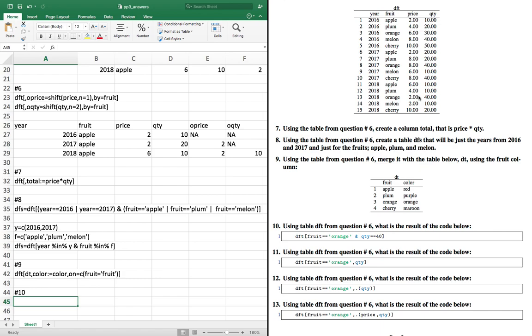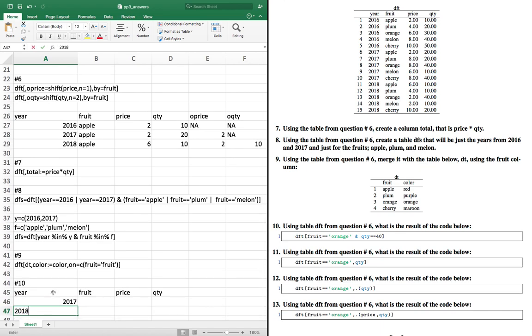What is my result set going to be coming back as? This is important. I filtered the rows, but I did not filter the columns. Therefore, I will be getting back a data table with all the columns: year, fruit, price, and quantity. The oranges that made the cut were from 2017 and 2018.